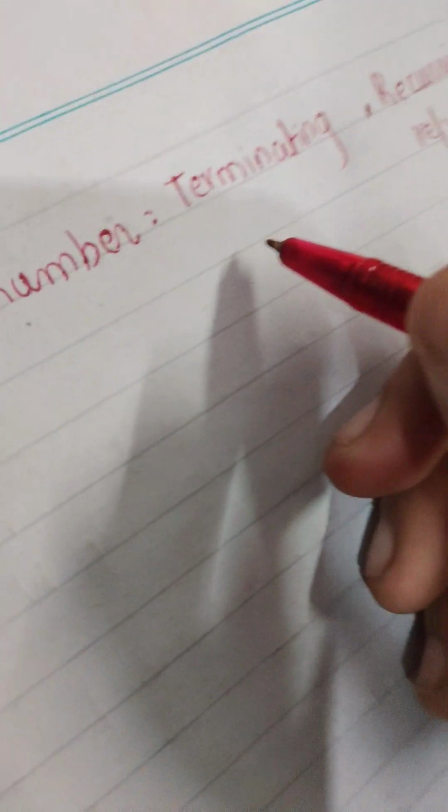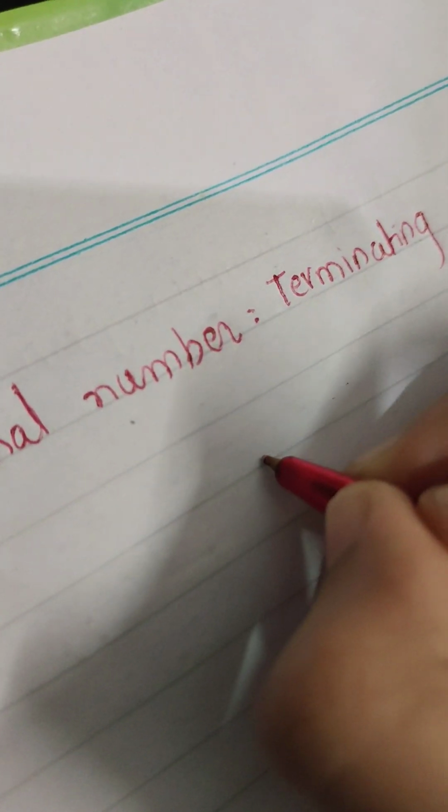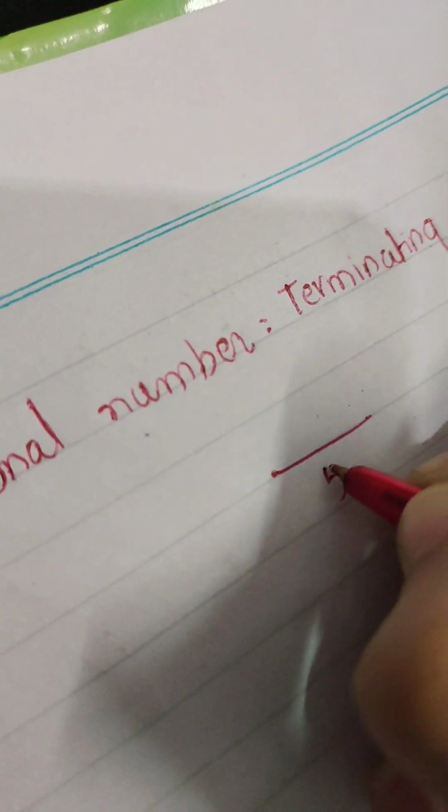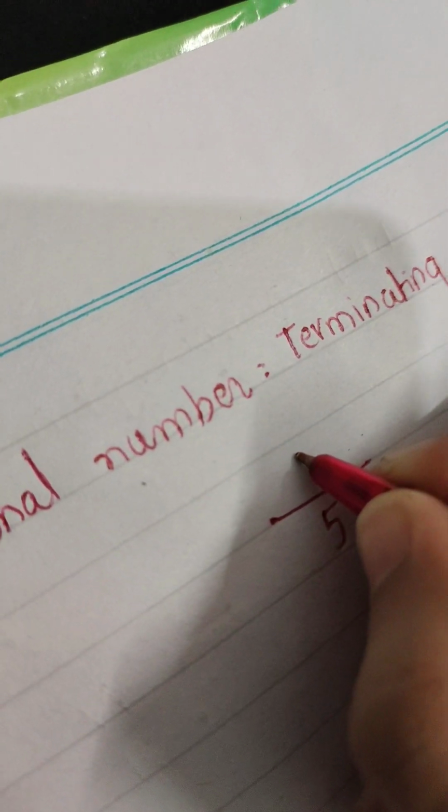Recurring also means repeating. So let's have an example. For example, terminating: 5 upon 3. Yes, 5 upon 3.